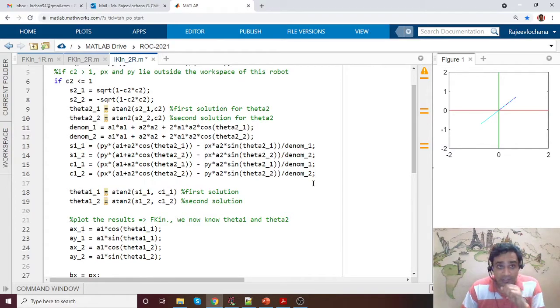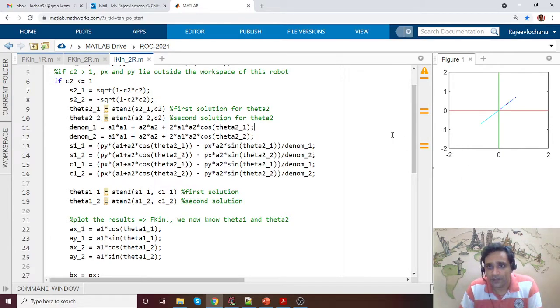Now, how did we come to know that there is an error, because the results are not coming correctly? One way of doing a quick check is, see, if I double click on a variable, it will show where all it is appearing. Okay, so theta 2 is appearing in many places. Denom 1 was not even appearing anywhere, and hence this was a problem. Okay, good that we have used this as an opportunity.